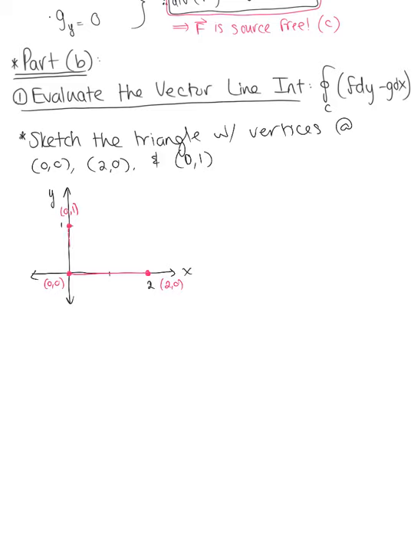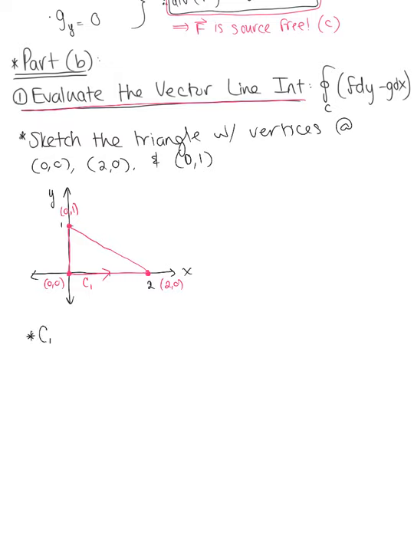So our bounded region is the right triangle. So we want to be mindful here, if we're evaluating a vector line integral, we need to be mindful of each curve's orientation. So we'll say that this, on the x-axis, is our first curve, moving from the origin to the ordered pair 2, 0.